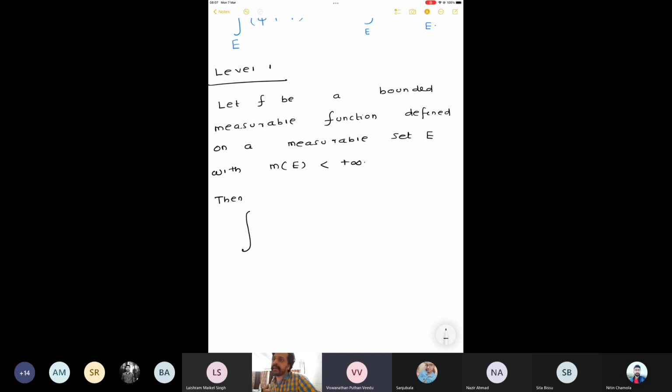Here we are mimicking the Riemann integration theory. The lower Lebesgue integral of f over E is defined as follows. At this point, we know only how to integrate simple functions. So instead of integrating the given function, you integrate a simple function phi, where phi is less than or equal to f, phi simple. So this is an underestimate. Make them better by taking the infimum.